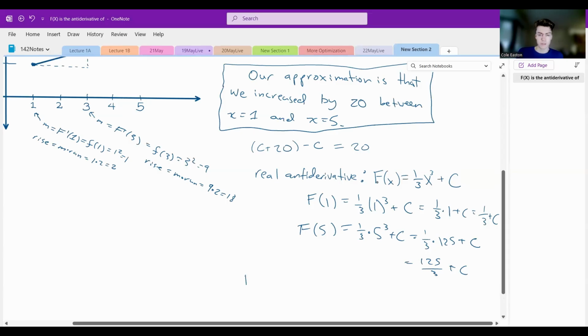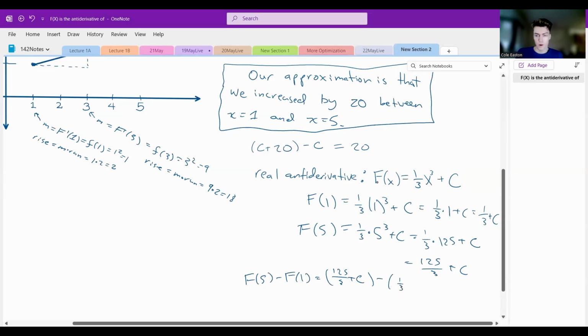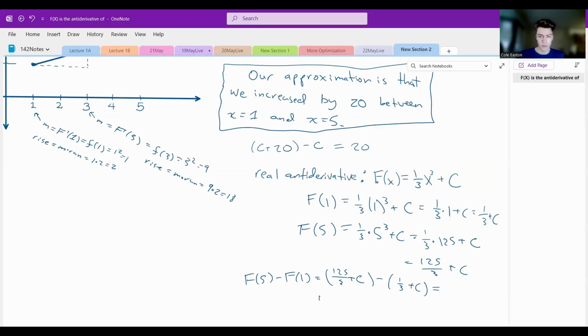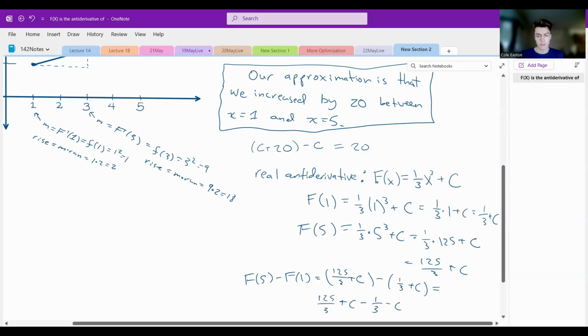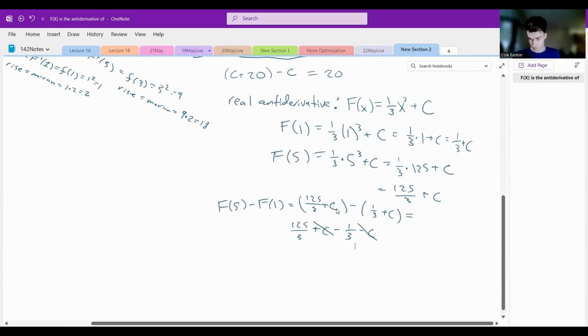So this difference, F of 5 minus F of 1, equals 125 thirds plus c minus 1/3 plus c. Let's distribute: we get 125 thirds plus c minus 1/3 minus c. And notice that these c's cancel out. That's actually a somewhat important fact: the amount of change in this antiderivative function is independent of c. Whatever that c is doesn't matter in terms of the amount that a function increases between one point and another.